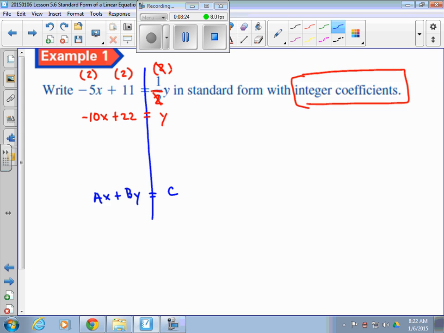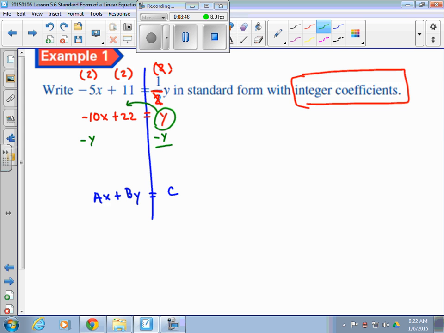So in order to do that, you want to move y over to the same side as x. Now, if you moved it over the other way, that's better, but I want to show it the same way like the last example was. That says positive y, so in order to cancel out plus y, you subtract it. If you subtract it on the right, you subtract it on the left.